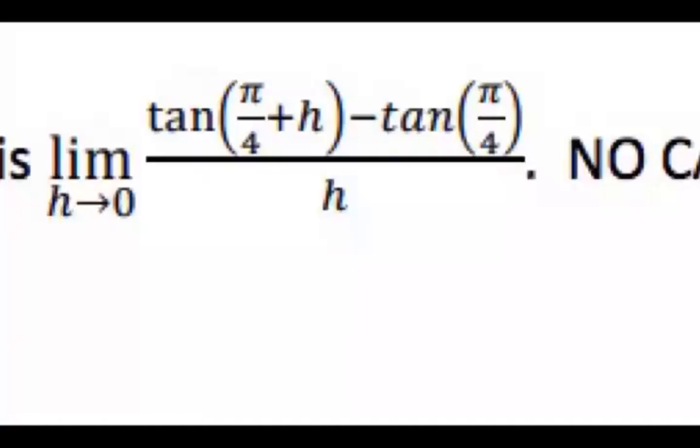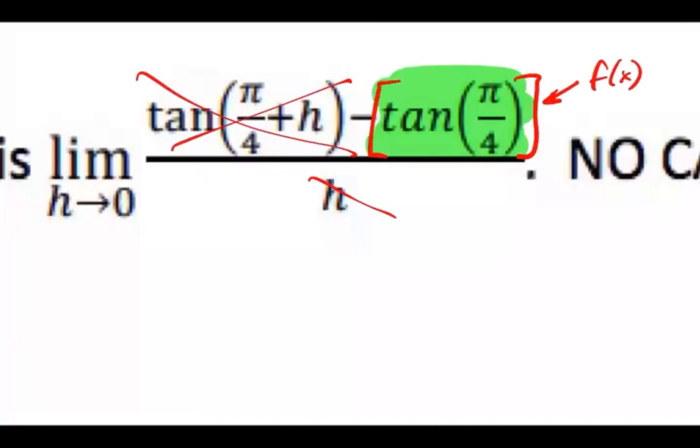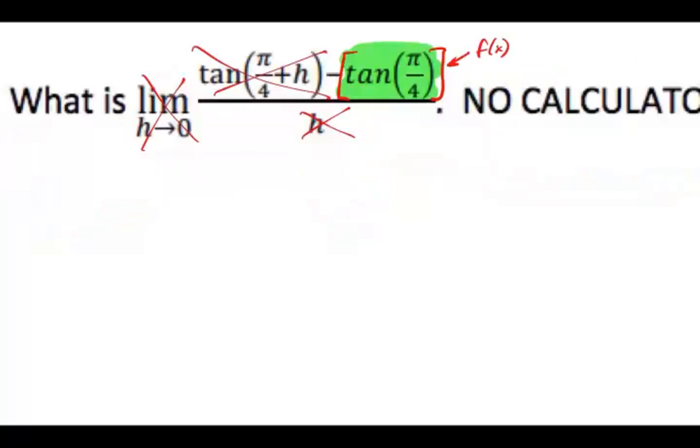It's asking me, yeah, remember this part right here? That part right there is the original function. This part, I don't care about. After I know it's a derivative question, I don't care about the rest of it. I only care about the original function. So what was the original function?